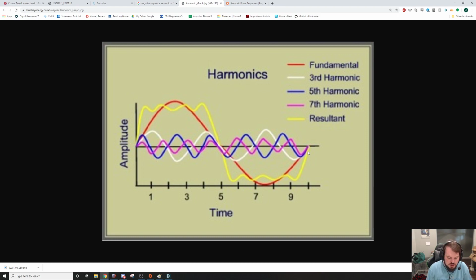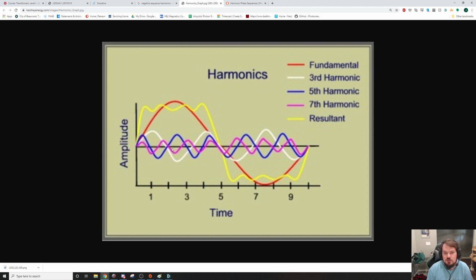But then electronics and various other things kick in these larger or smaller harmonics. So the third harmonic has 3 times the frequency.